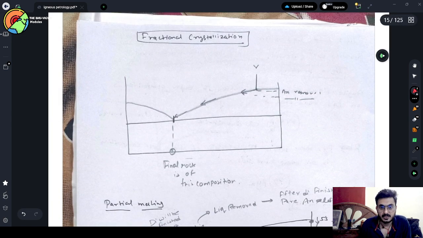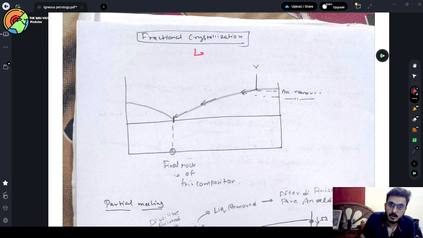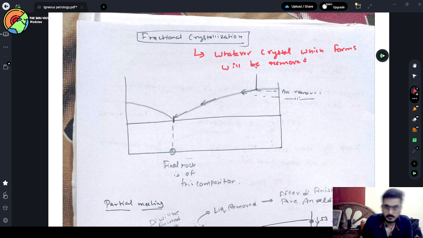Now in case of fractional crystallization, what happens? Whatever crystal forms will be removed. In this example, the first crystal which forms is pure anorthite, and you are removing this pure anorthite from the system.